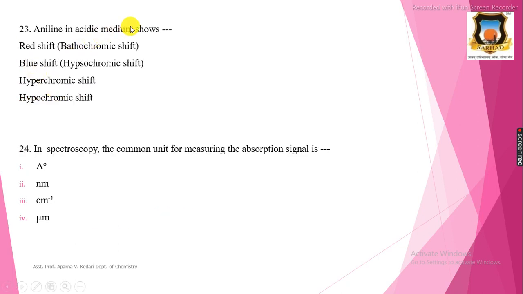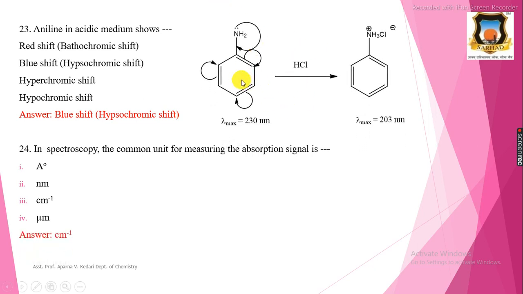Then next, aniline in acidic medium shows a red shift, bathochromic shift, blue shift, hypsochromic shift, hyperchromic shift or hypochromic shift. And the correct answer is blue shift. Why blue shift? Because in aniline, resonance is possible. This nitrogen lone pair continuously resonates in the benzene ring.